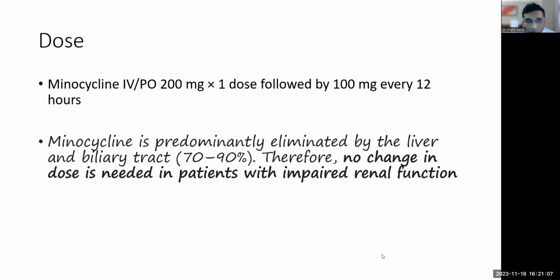So we can't say clearly that Mino is safe in CKD patients or those with acute kidney injury. But yes, you have to trend the parameters whenever you prescribe minocycline, and you have to watch for liver injury.